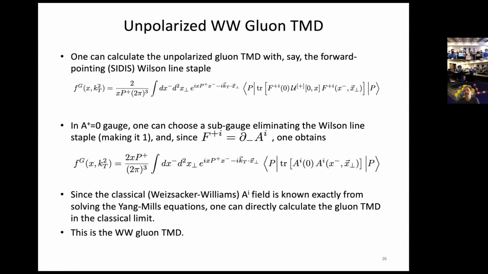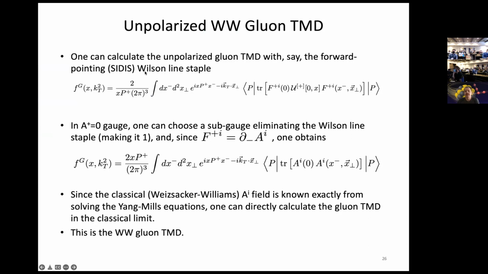So if you know the field, how do you calculate the TMD? Well, that's pretty straightforward, right? You start with a definition of a TMD. I presume there were plenty of lectures here and everyone has seen definitions more sophisticated than this one, but really I'm just taking the unpolarized gluon TMD, the F^{+i} correlator with some Wilson line staple.